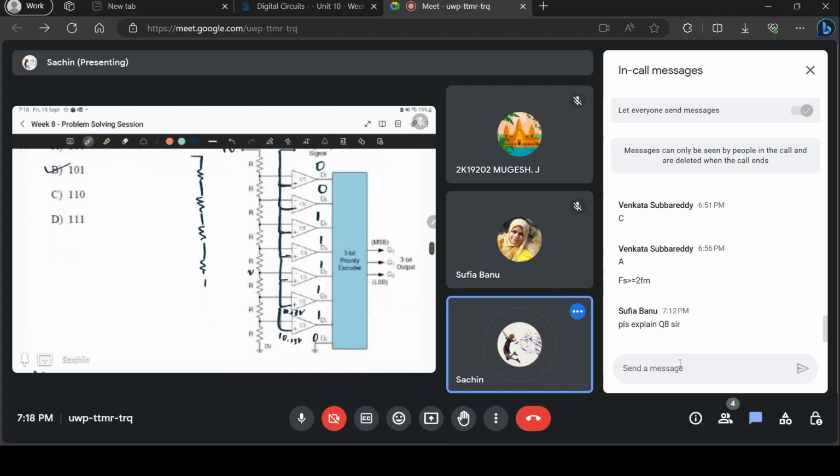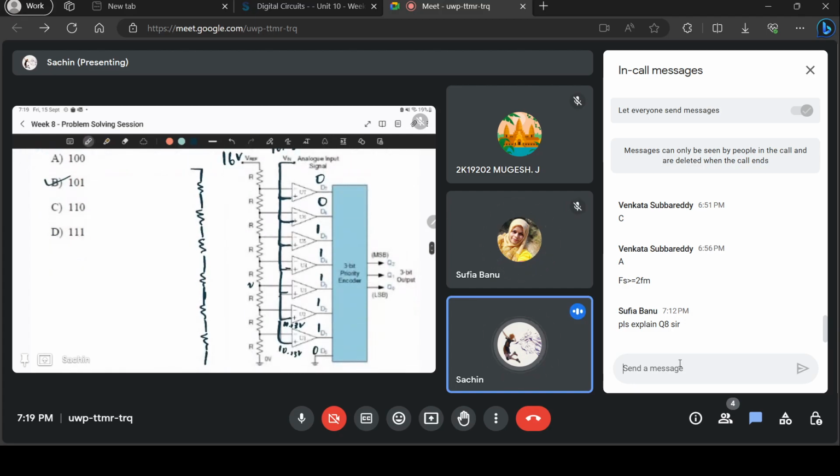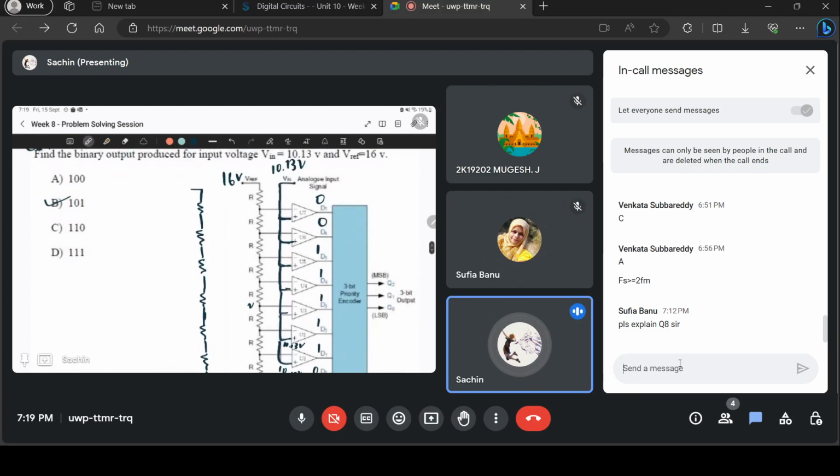Have you learned series connection of resistors? In physics you should have seen it in class 12. So what happens in a series connection? The resistances get added up.